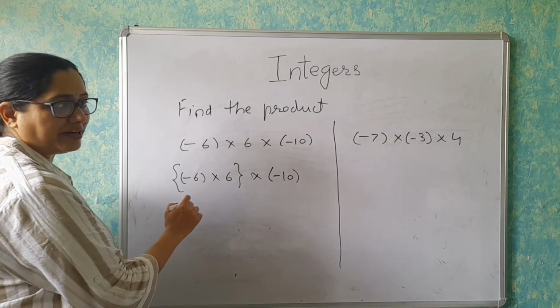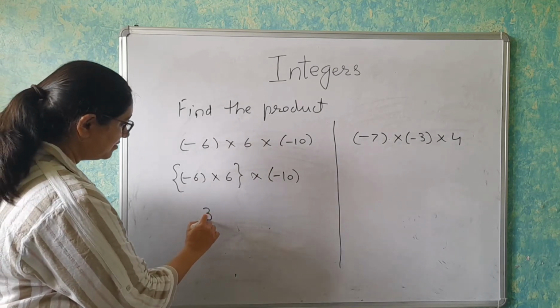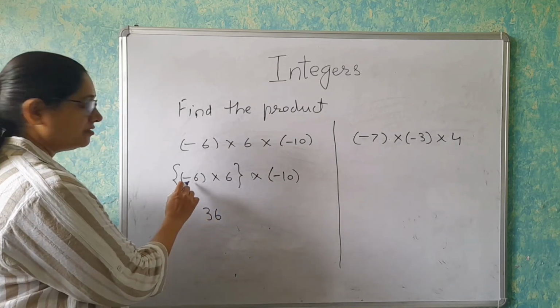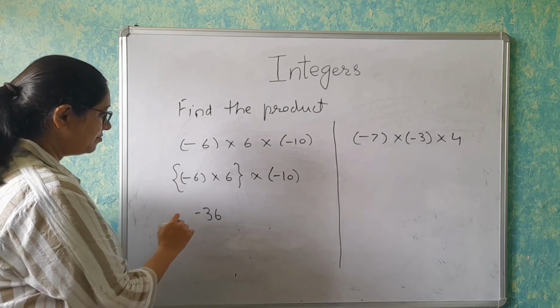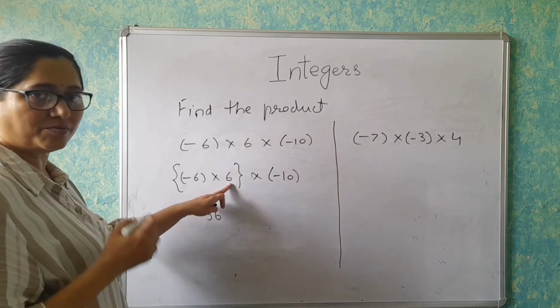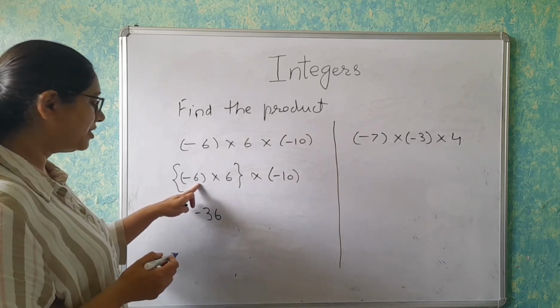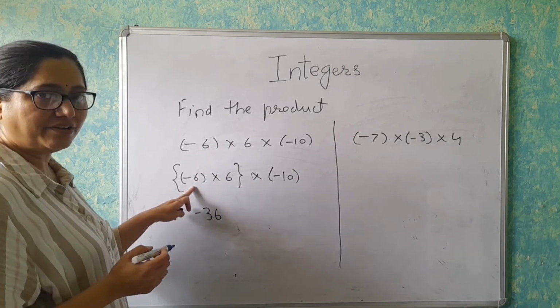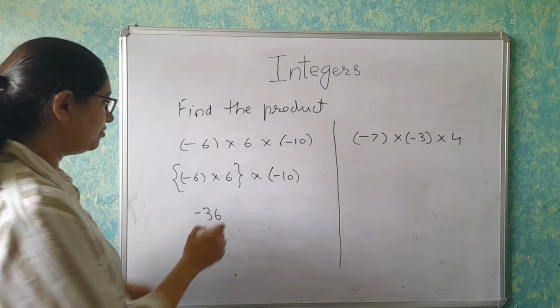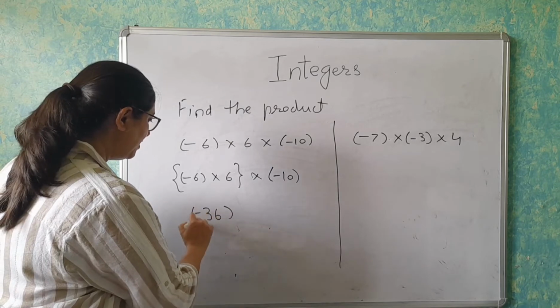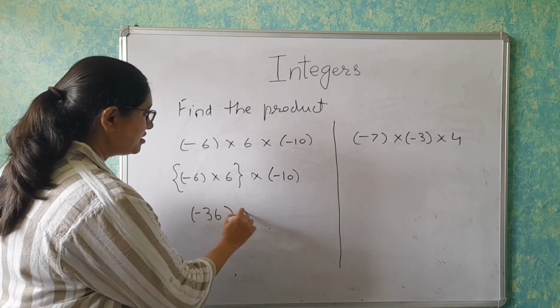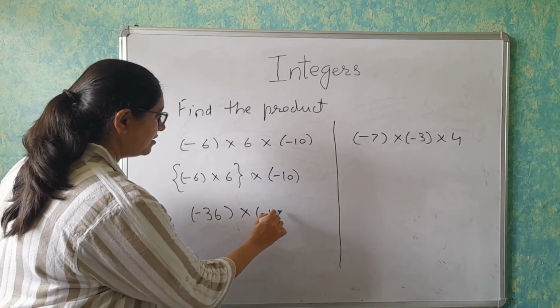Minus 6 multiplied by 6 is 36 and the sign will be minus because this 6 is a positive integer but this 6 has a negative sign. So the answer is negative.